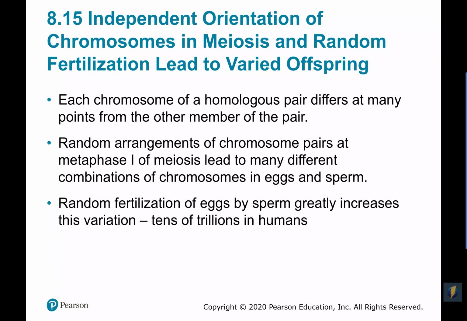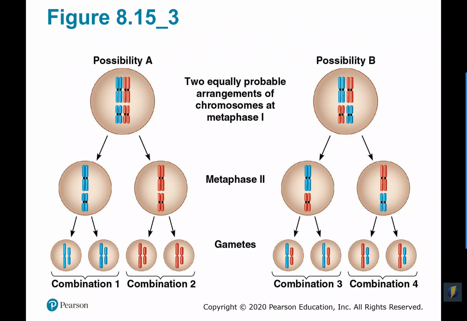So we get random fertilization. And then we have this crossing over process, this switch of genetic material, which then greatly even further enhances the amount of variation and variability that you can see in the offspring of sexual organisms.